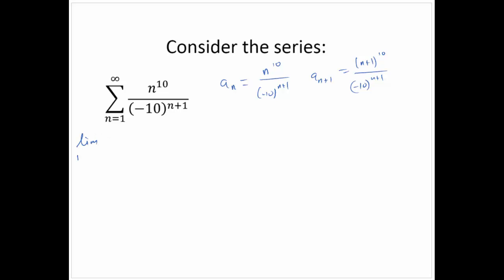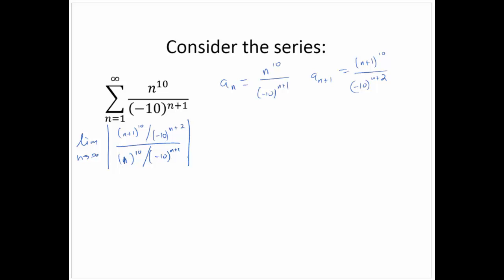Let's take the limit with n approaching infinity. Absolute, a sub n plus 1, that's the n plus 1 to the 10th power over negative 10. No, that denominator should be an n plus 1 plus 1. That's an n plus 2 in the a sub n plus 1. Sorry about that. Over, I'm sorry, that would be an n to the 10th. All right, we're in the a sub n here in the denominator. So that would be n to the 10th over negative 10 to the n plus 1.